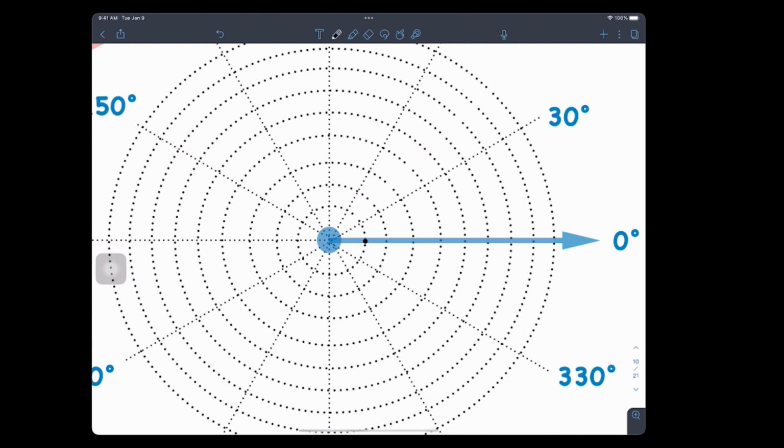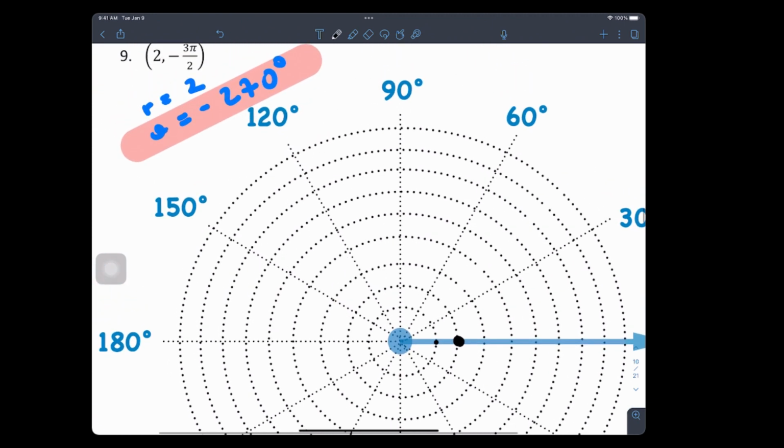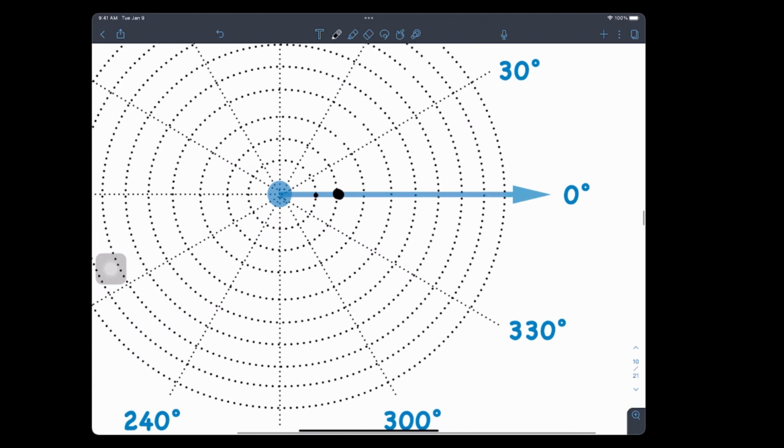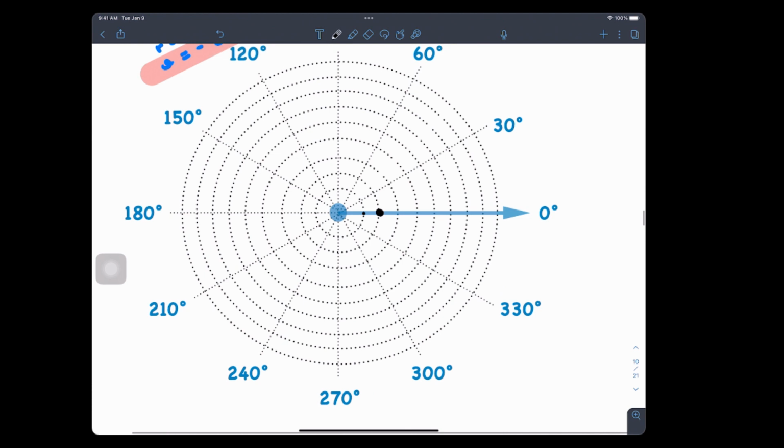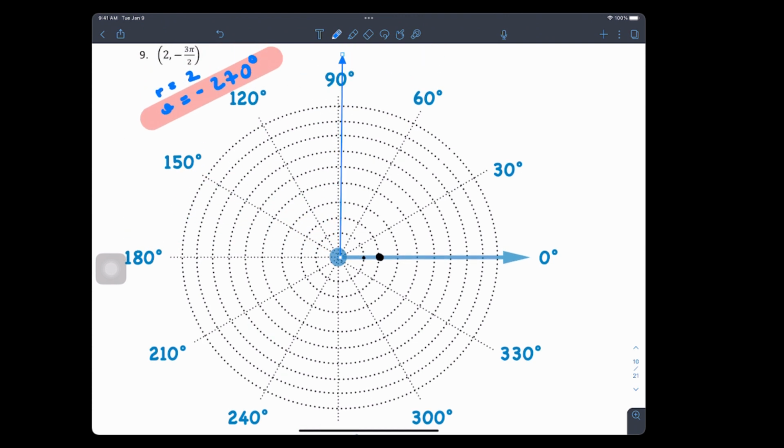You go 1, 2. This is on the polar axis. But we've got to rotate the polar axis how? Negative 270. Okay? So let's see how to do that. This is negative 90. This is negative 180. Is that true? And then this will be negative what? 270.